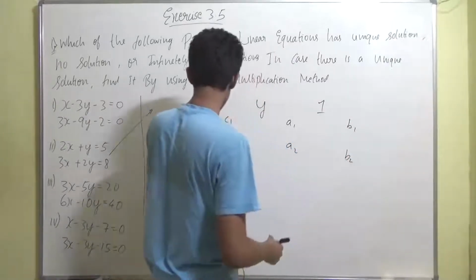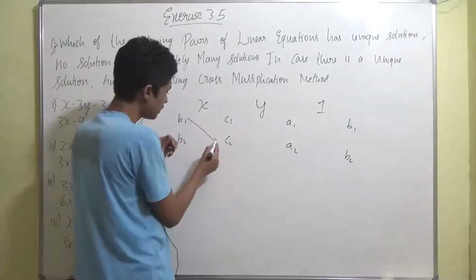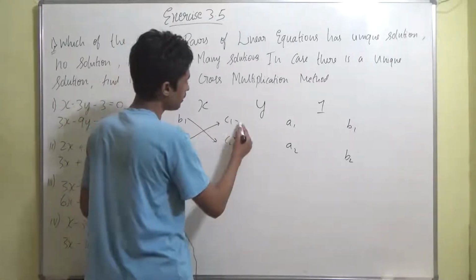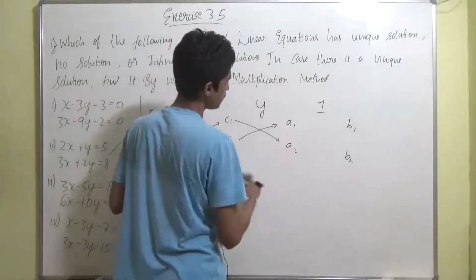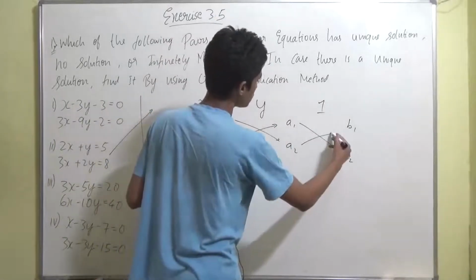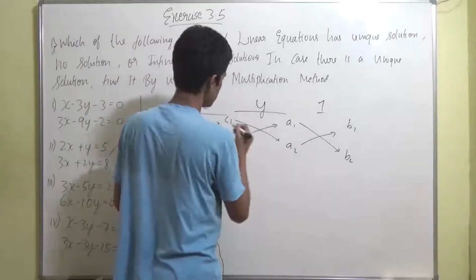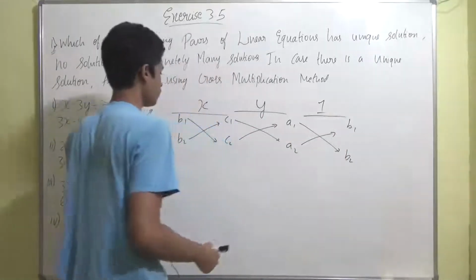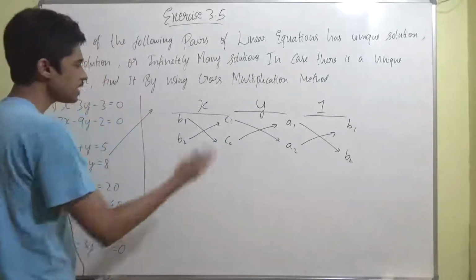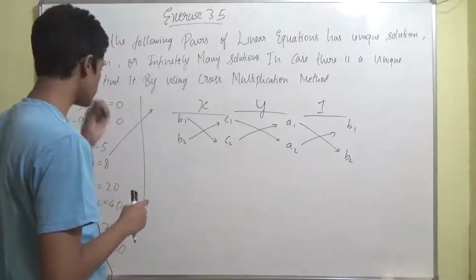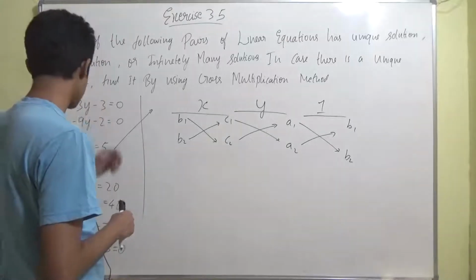Then you will be doing the cross multiplication: this term multiplied minus this term multiplied, and so on, divided, right? It will be in divided form, as you must have seen in the last lecture. So let's go ahead and do it.